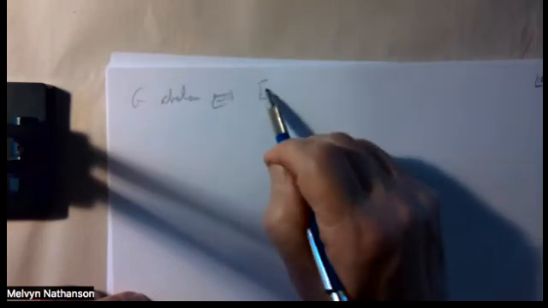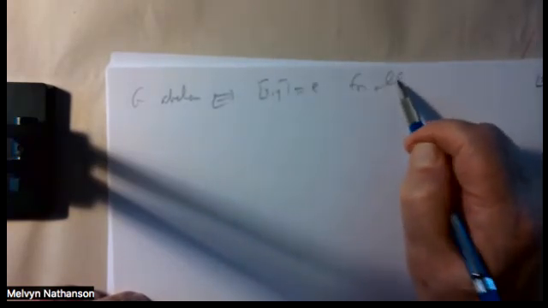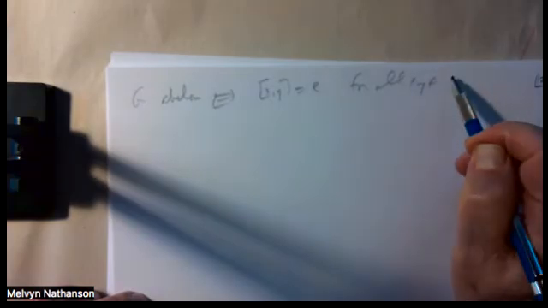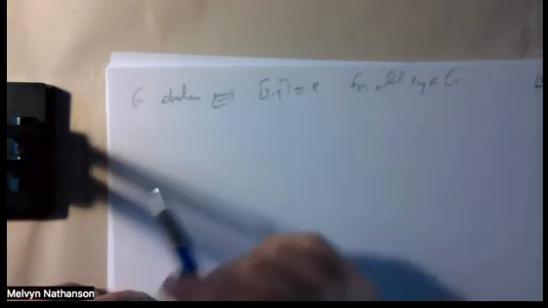So that is a nice example. Of course, if G is abelian, that means every commutator equals the identity, which is the same as saying X and Y commute.